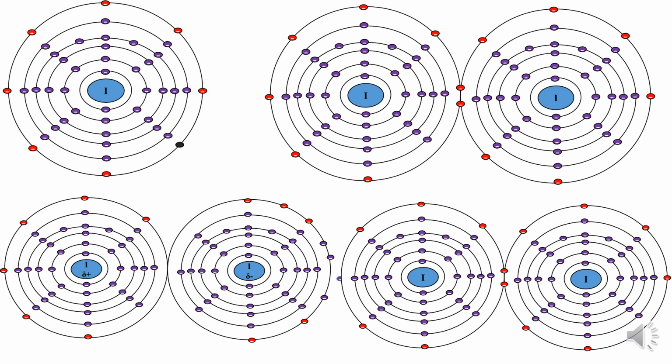Now focus your attention on the outermost valence electrons that I have highlighted. Now in the case of the iodine atom, here's the electronic structure of the iodine atom as well as the Lewis dot structure.